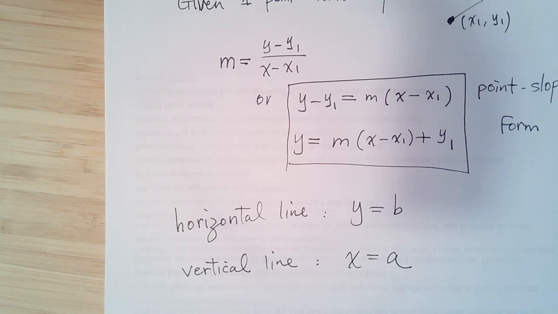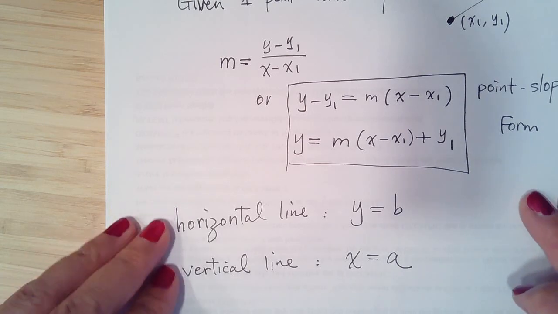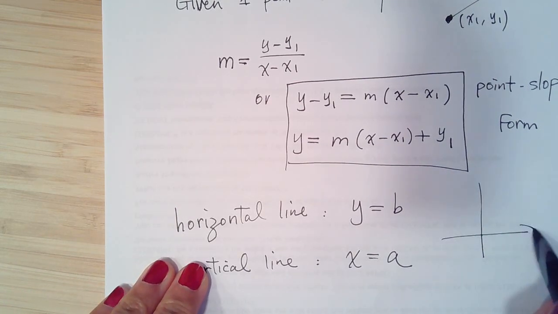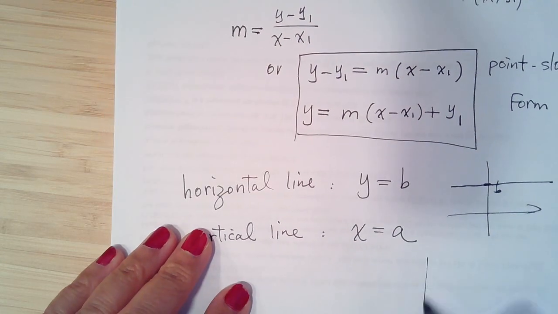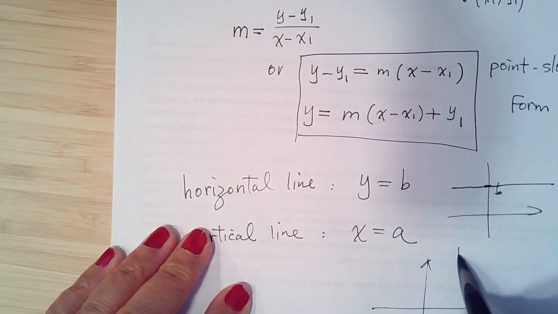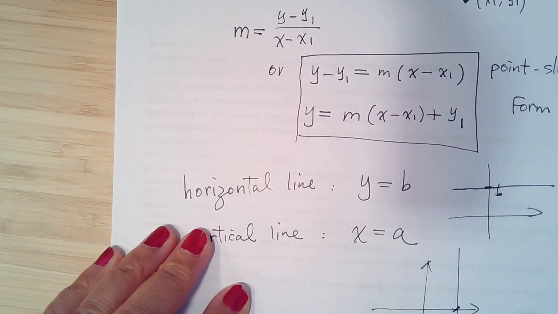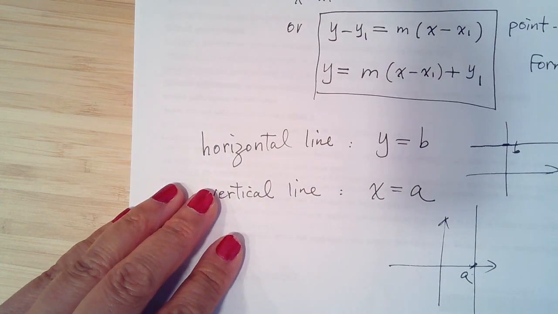Just x is a constant. X is the same number no matter what y is. Horizontal line means whatever x is, our y is always b. So here's a b, and you get this line, okay? And this one is x equals a. So here's a. Make sense?